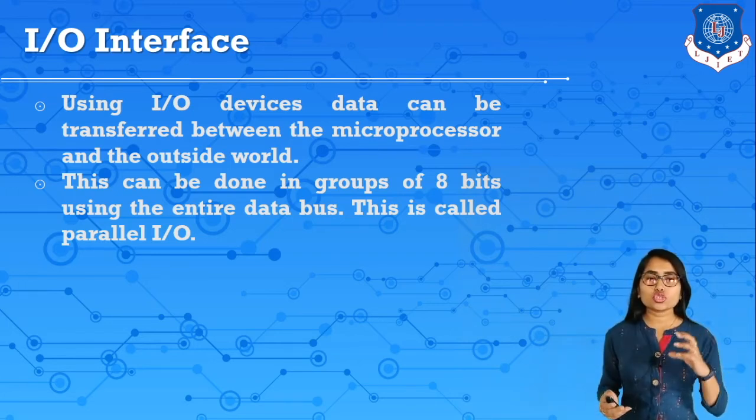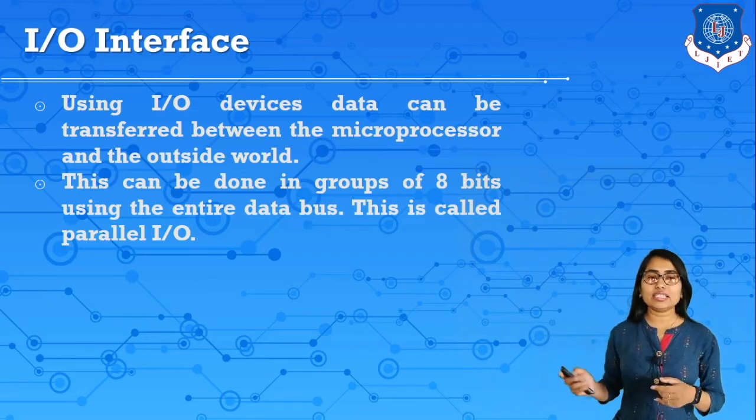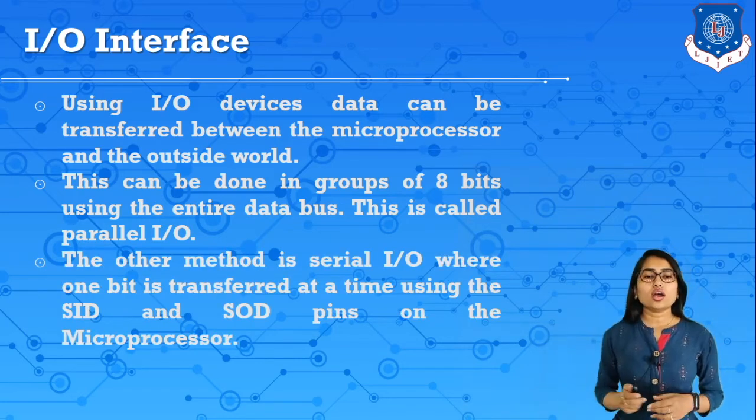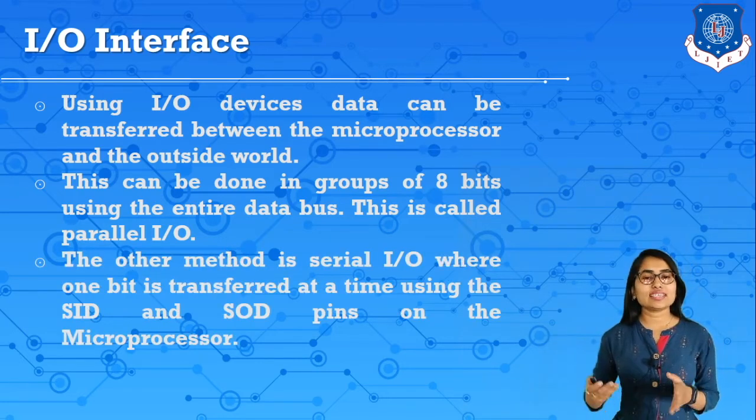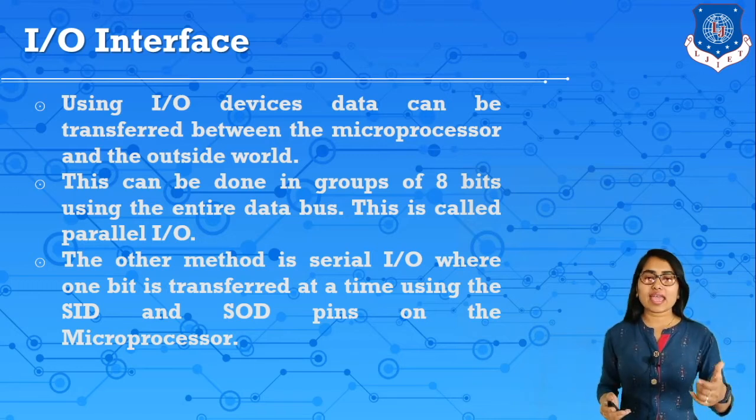To transfer data between the processor and input output, the 8-bit data bus is used. The other method is to transfer the data serially. Serial input output means 1 bit at a time, which can be transferred using the SID and SOD pins on the microprocessor.